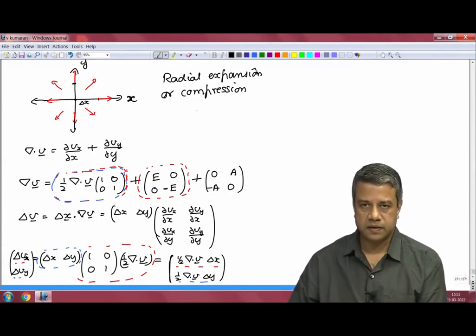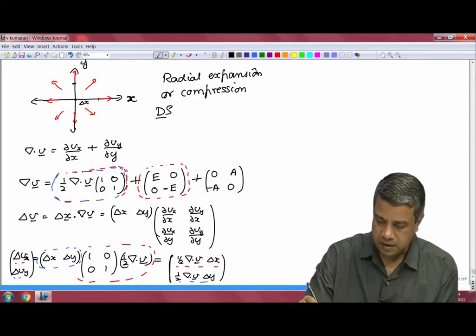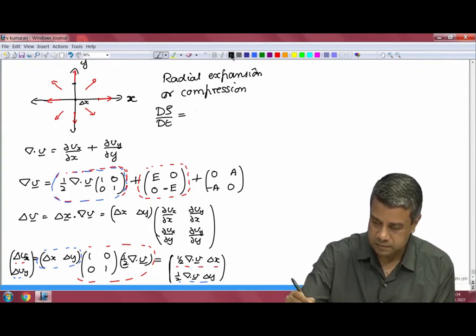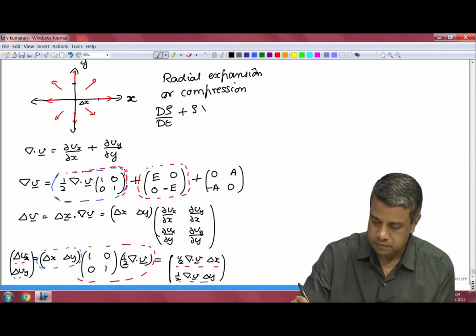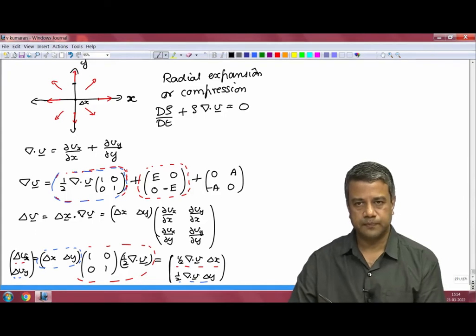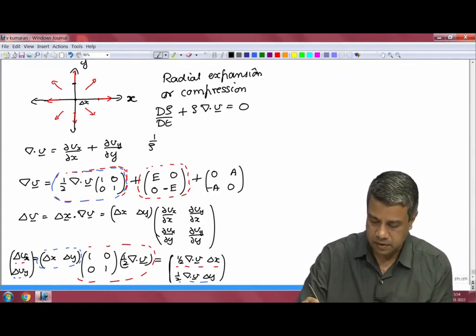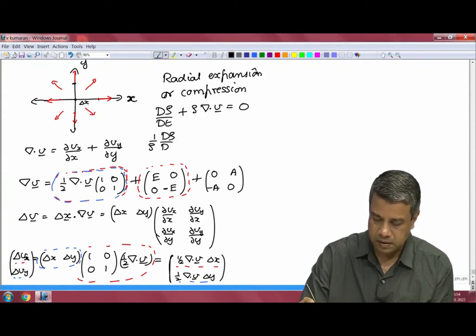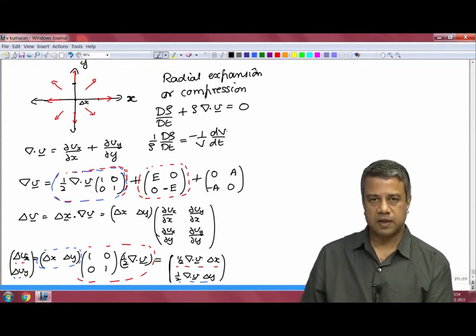Recall our mass conservation equation that we had derived, d rho by dt plus del dot (rho V) equal to 0. And I told you that this first term, 1 by rho d rho by dt, is equal to minus 1 by v dv by dt, where v is the volume element of a fluid.